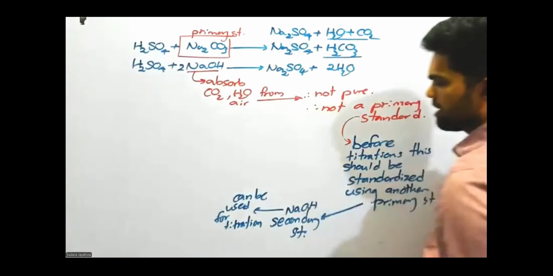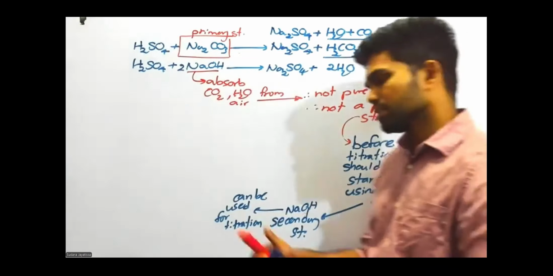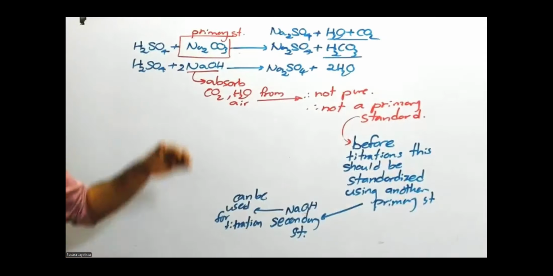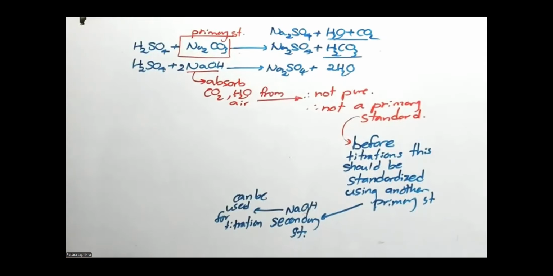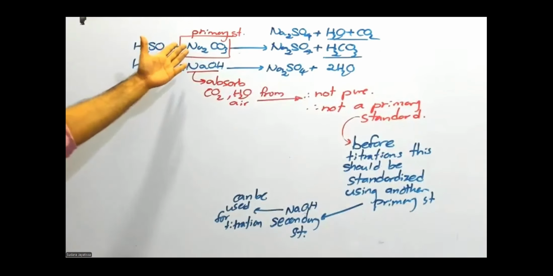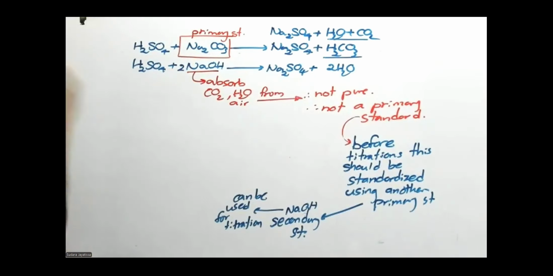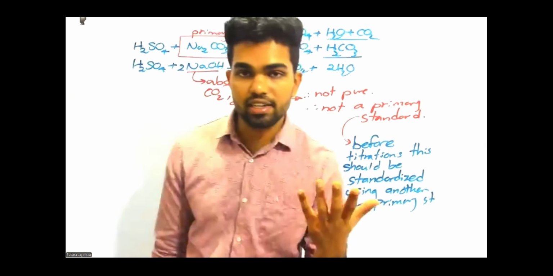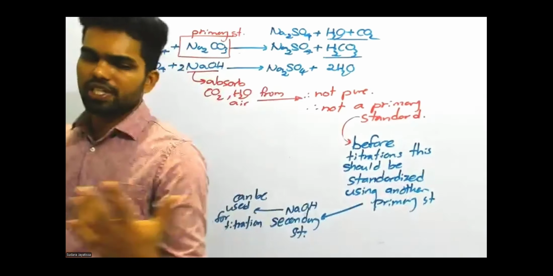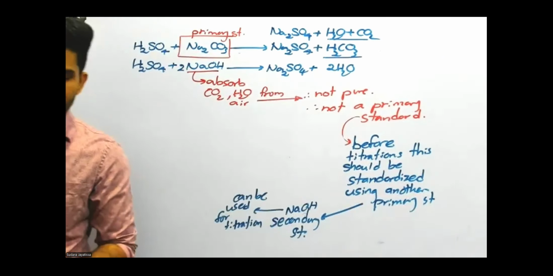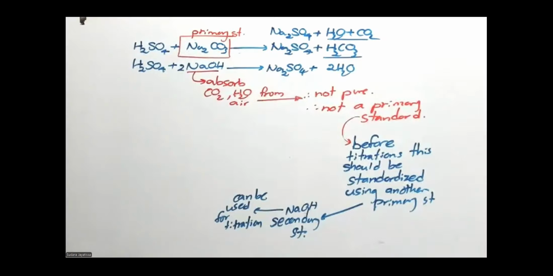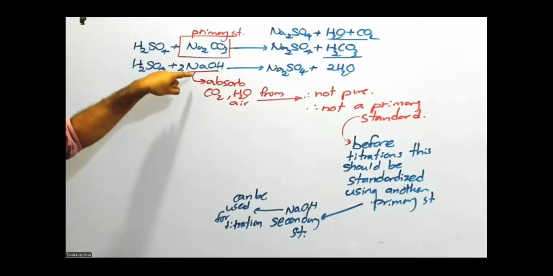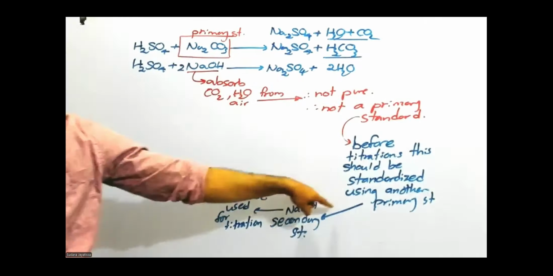Remember that one, okay? In the question it is asked what is more suitable. More suitable is sodium carbonate because you can directly use that. You can directly measure some mass of sodium carbonate and dissolve that in water. We discussed that practical also, preparing a standard solution. You can follow that procedure and make a standard sodium carbonate solution and do the titration without any worries. But if it is sodium hydroxide, you need to follow this procedure.